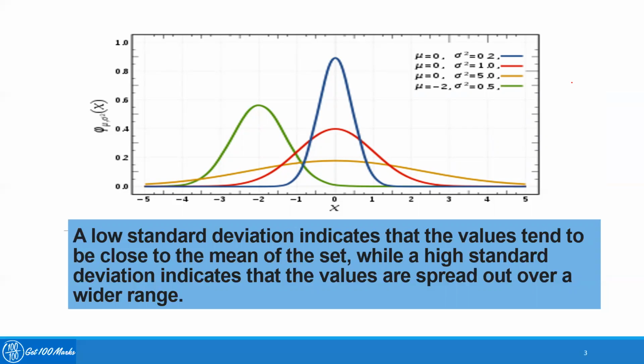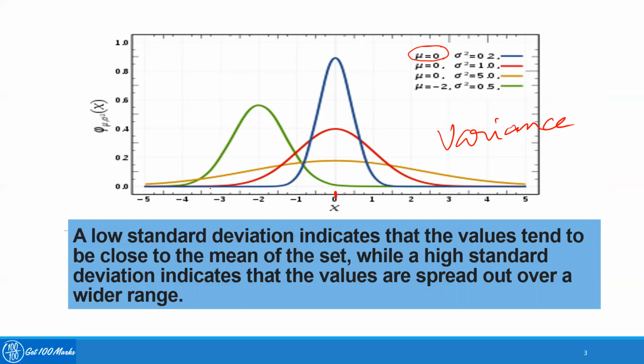Now let's understand this graph, which will give you more idea about standard deviation. For example, in the blue graph, the mean value mu is 0, and sigma square, the standard deviation squared, which is known as variance, is 0.2.